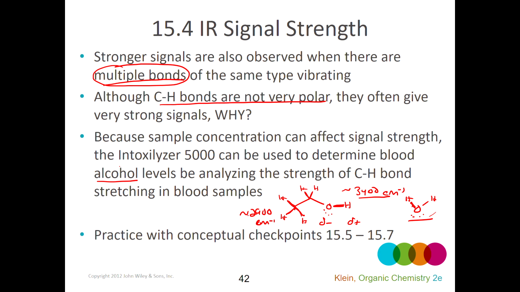You shouldn't have a lot of chemicals in your lungs coming out of your breath that have a bunch of CH bonds. So that's what they focus on for breathalyzers. So the bigger the signal, the more of these molecules and the more of these bonds there are on your breath.